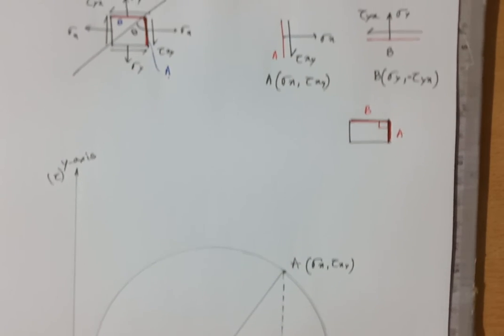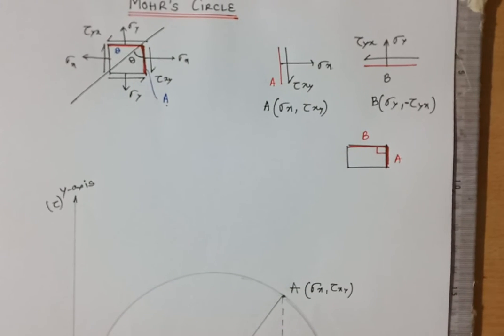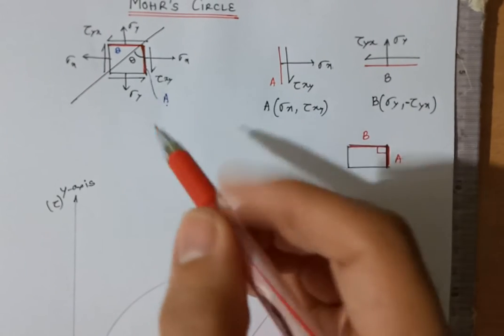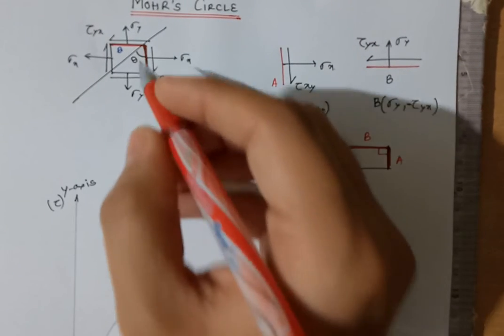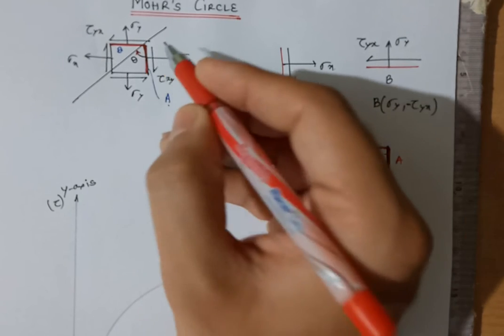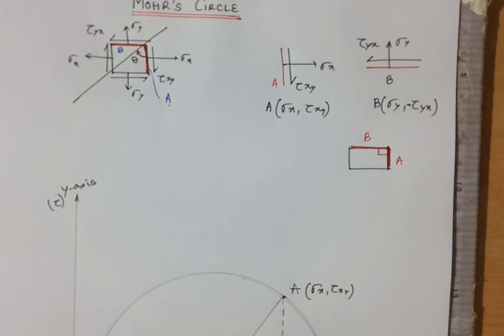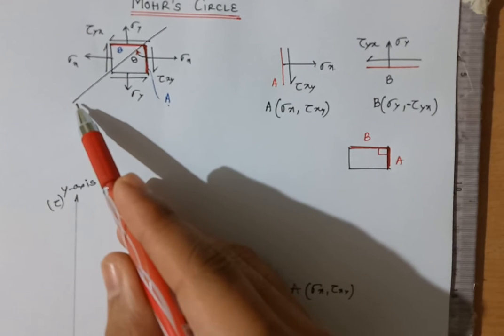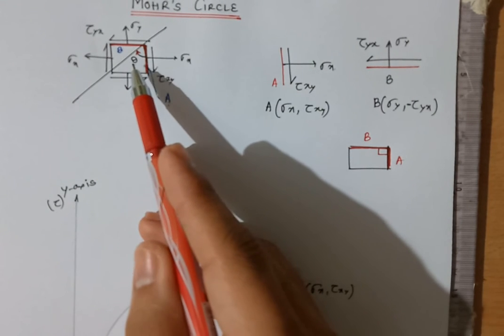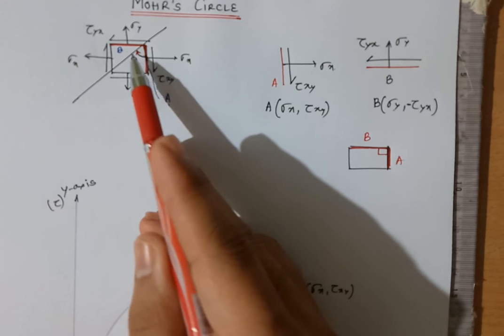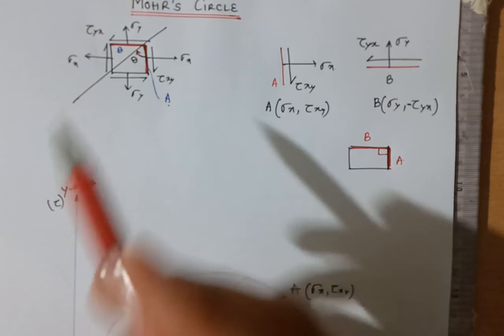Here you can just check it out. From this reference plane, theta is moving in a clockwise direction. So this plane has an angle theta with respect to this reference, such that angle theta is moving in a clockwise direction.